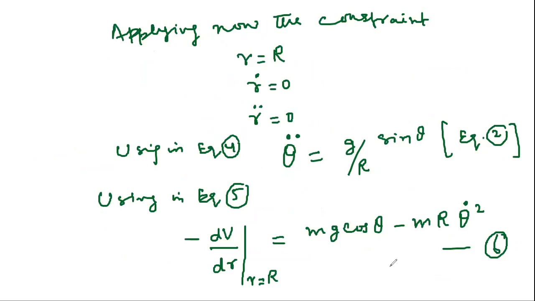This is simply the constraint force, because the negative derivative of potential with r is the force. So we were in search of this.